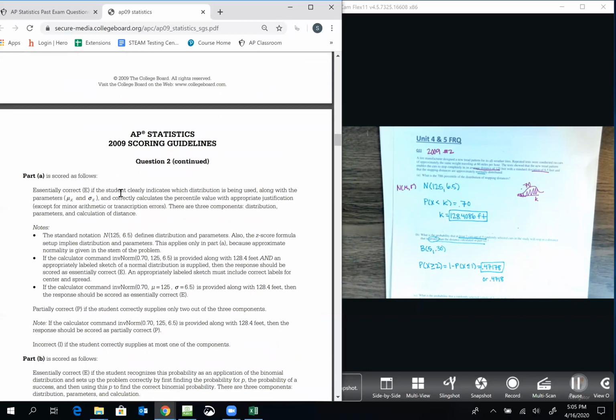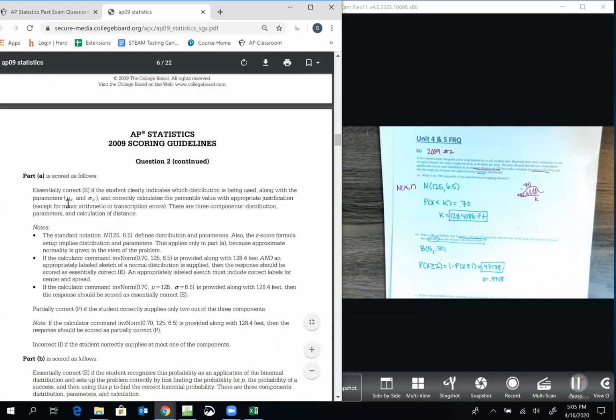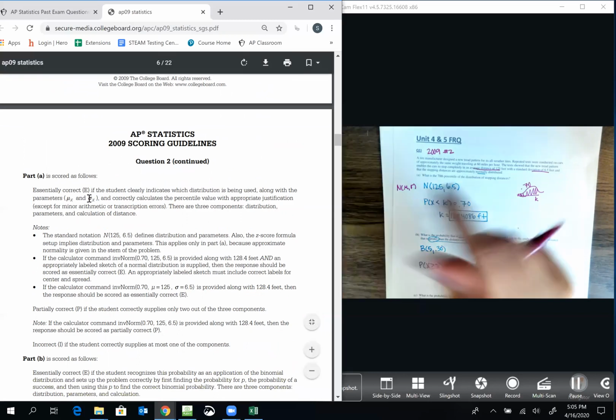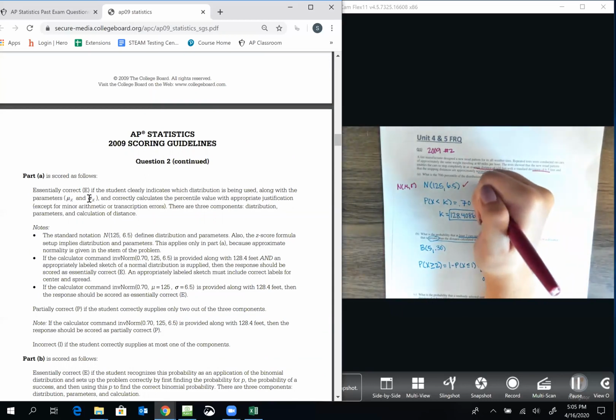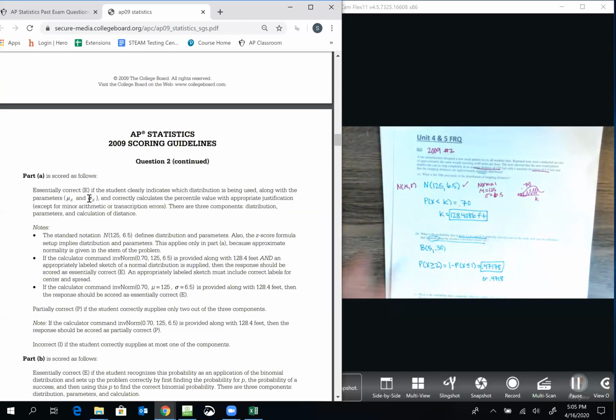Essentially correct if the student correctly indicates which distribution is being used, along with the parameters mu and sigma. That's what this is. This indicates the distribution along with the parameters. This is set notation. You can also write it out if you prefer. So you could do that instead, but this works just as well, and it's faster.